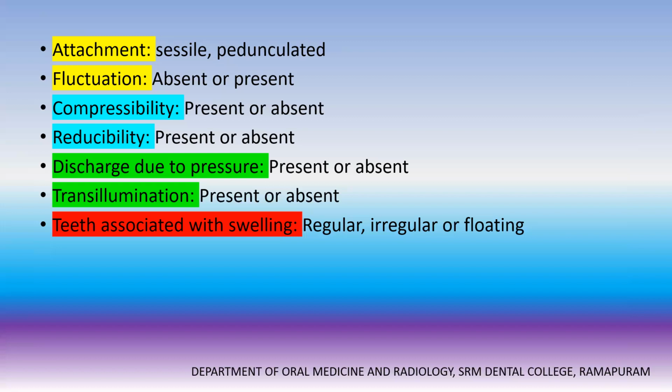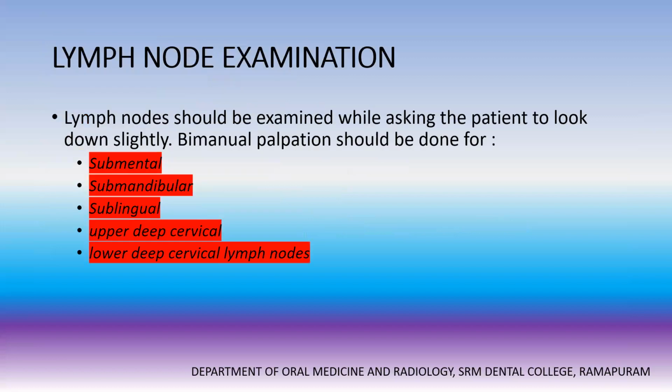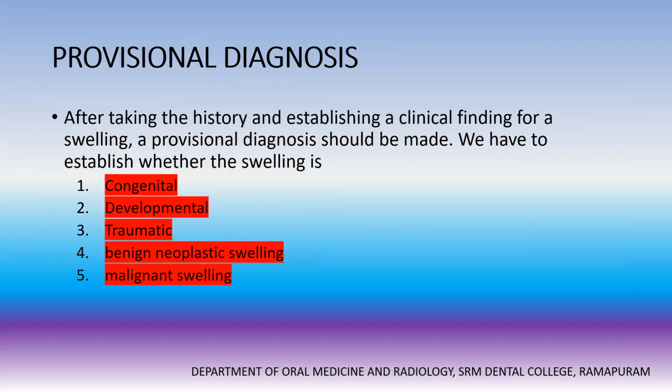Also, the teeth associated with the swelling have to be completely noted down, whether they are regular teeth, normal in occurrence, or they appear abnormal with widening of PDL or loss of alveolar bone surrounding it, etc. Coming to lymph node examination, all the major lymph nodes of the head and neck region, like the submental, the submandibular, the sublingual, upper deep cervical, lower deep cervical, have to be completely checked before we go in for the diagnosis.